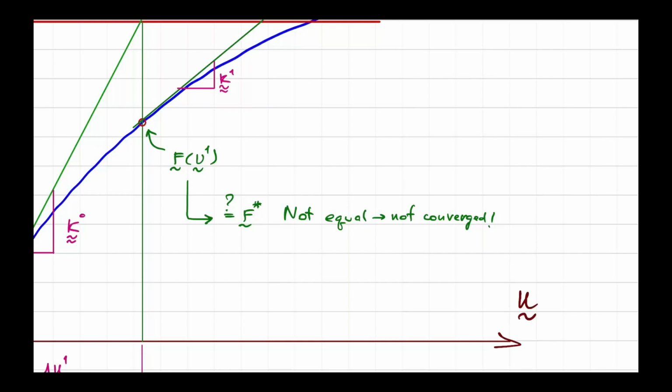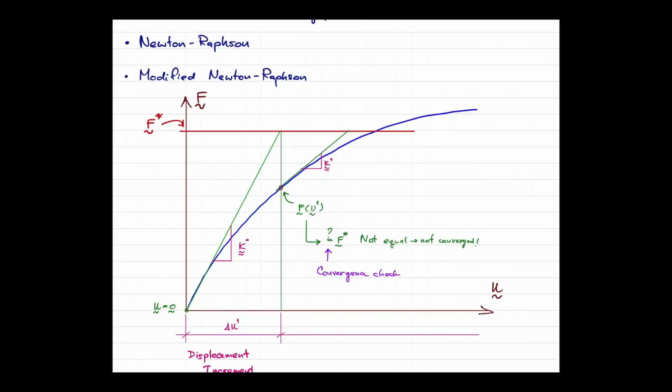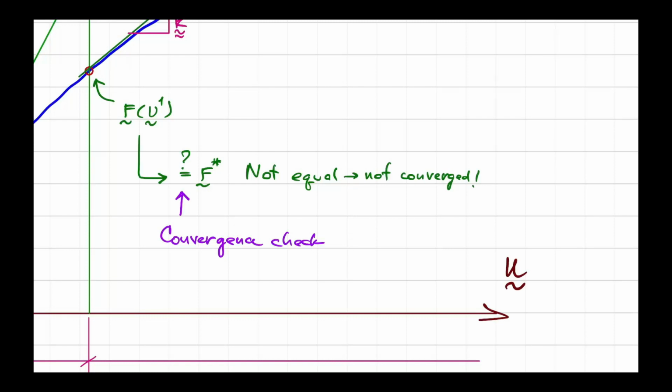If it is, then you get the convergence. And this procedure is a convergence check, one way. You're going to need the convergence criteria that you can establish.